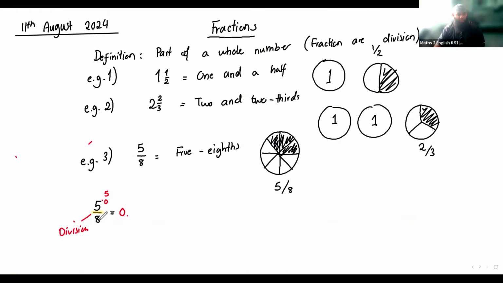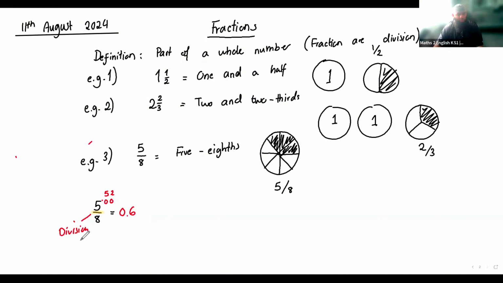So how many 8s go into 50? 8 times 6 is 48. What's the remainder? It's 2.